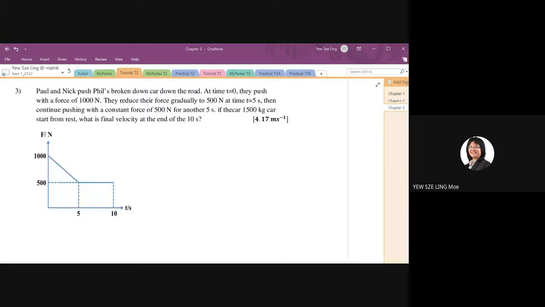Question 3, according to the question, now you have 3 objects, Paul and Nick and a car. Paul and Nick push a broken down car down the road. At time t equals 0, they push with a force of 1000 Newton.